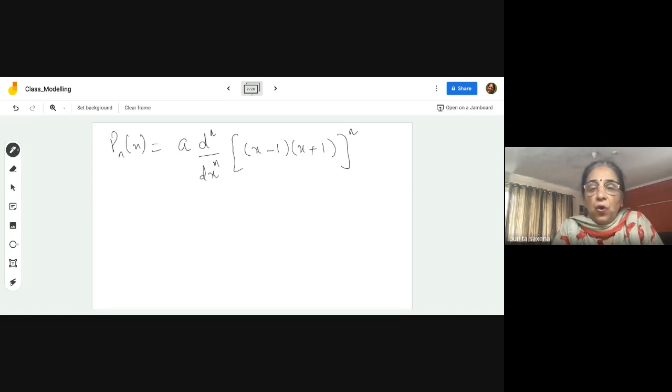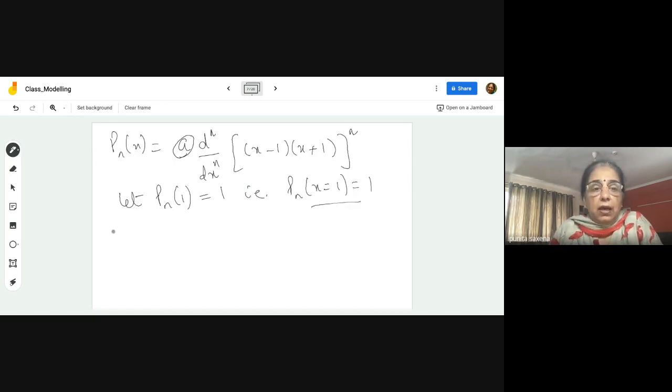Okay, just move on. Then we'll have questions in the end in case you have any doubts, okay? Now, the value of this a can be obtained only if I have some initial conditions. So to impose those initial conditions, I say, let Pn at 1 be 1. That means I am assuming that the value of Pn when x is 1 is 1.